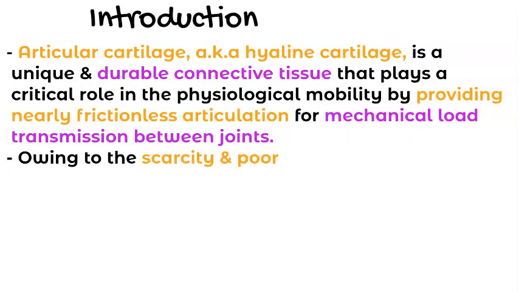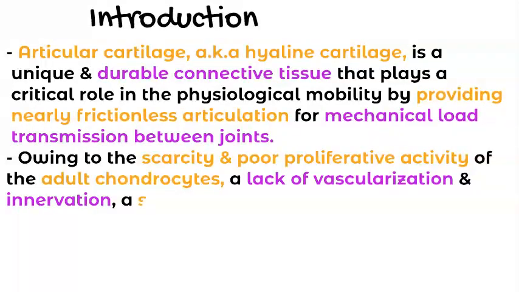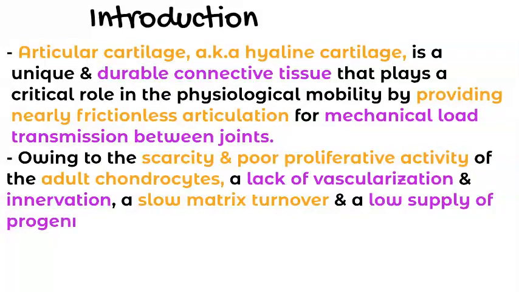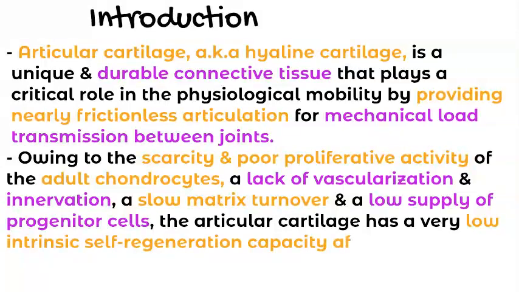Owing to the scarcity and poor proliferative activity of the adult chondrocytes, a lack of vascularization and innervation, a slow matrix turnover, and a low supply of progenitor cells, the articular cartilage has a very low intrinsic self-regeneration capacity after injury.